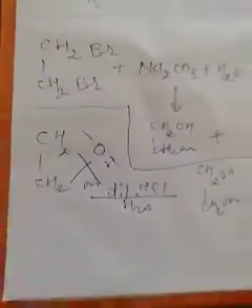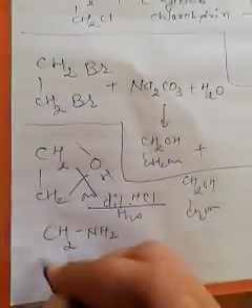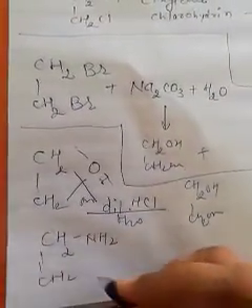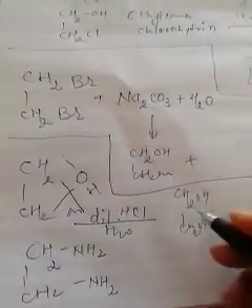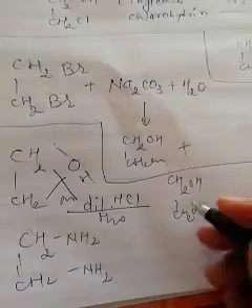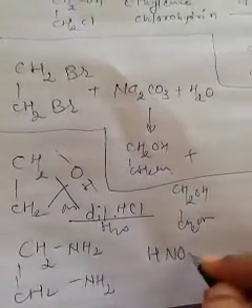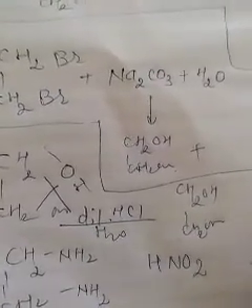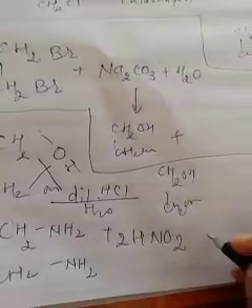And the last method of preparation is from ethylene diamine. Now this is ethylene diamine, CH2NH2, CH2NH2. This ethylene diamine on reaction with nitrous acid. Now we are saying nitrous acid. Nitrous acid is HNO2. HNO3 is nitric acid. Here we are using nitrous acid. So we take 2 molecules of nitrous acid, and what we get?